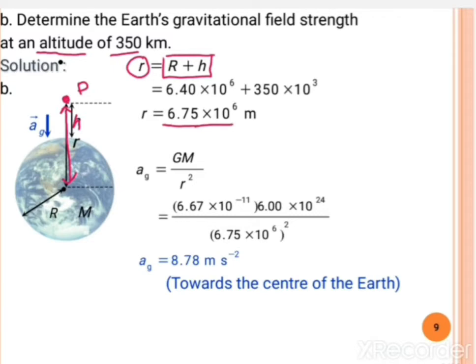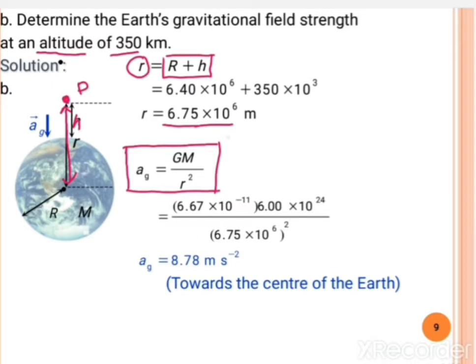Then we use the equation gravitational field strength a equal to GM over r squared. G is the constant value 6.67 times 10 power negative 11. M is the mass of Earth, 6 times 10 power of 24, divided by r squared. r is the distance from the center of Earth to that point.